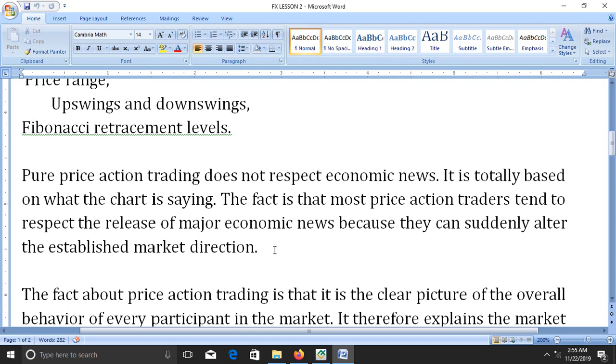If you are not too new to the market, you will understand that there is all this stuff that we call economic news, like NFP, like interest rates, all of these things. They are the things that actually move the market. They are the force that moves and shapes the market. But pure price action trading does not actually respect them. It is totally based on what the chart is saying.